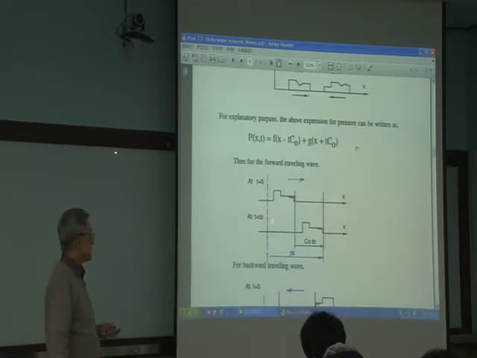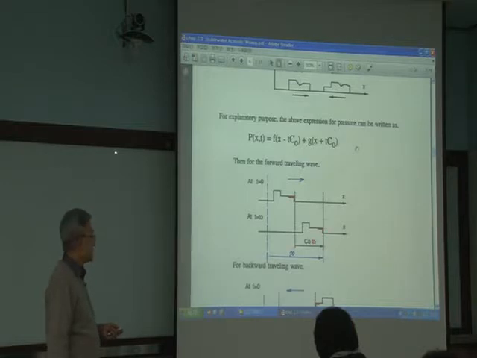Then I can say, okay, at time t equal to t naught, it traveled the distance x, then it traveled forward, the position was here, it moved down to here.